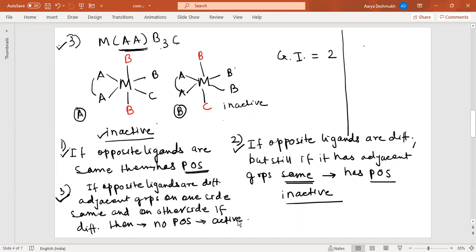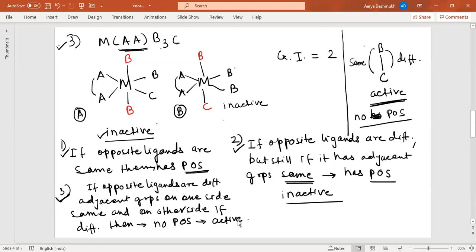So like this, if the opposite ligands are different, like B and C, and on this side the group is the same and on the other side the group is different, then that molecule will be optically active because it does not have a plane of symmetry.